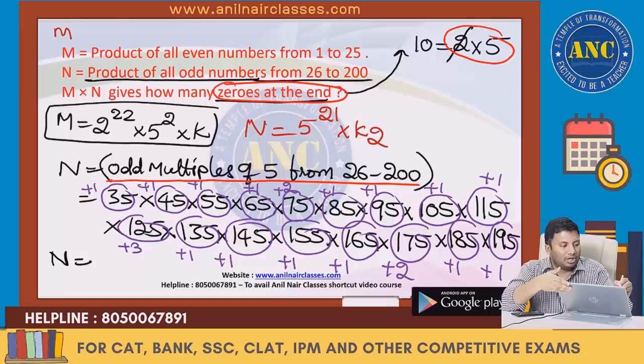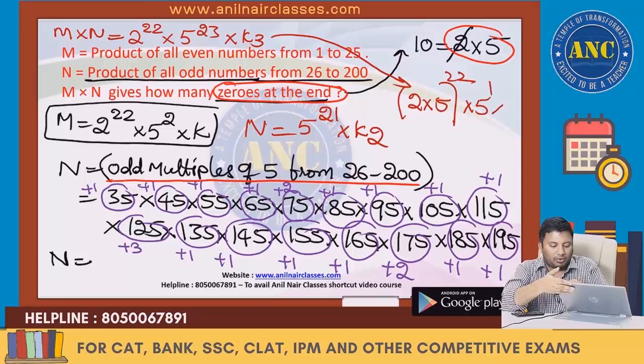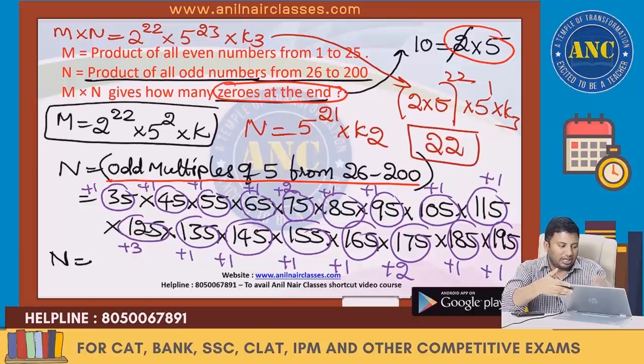So if I do m into n, which is nothing but 2 power 22 into 5 power 23 into K3. This is nothing but 2 into 5 power 22 into 5 power 1 into K3. The answer for this question is 22.